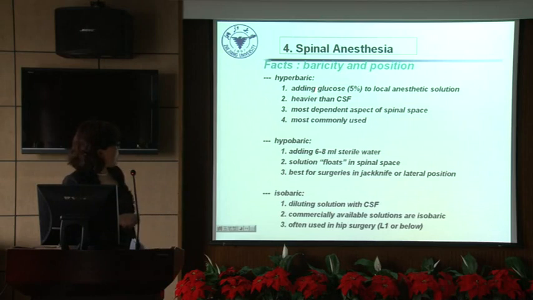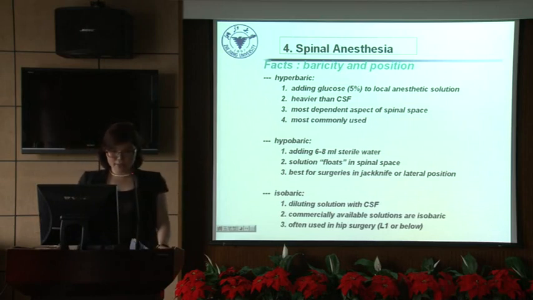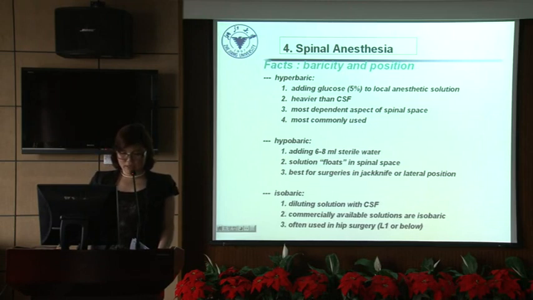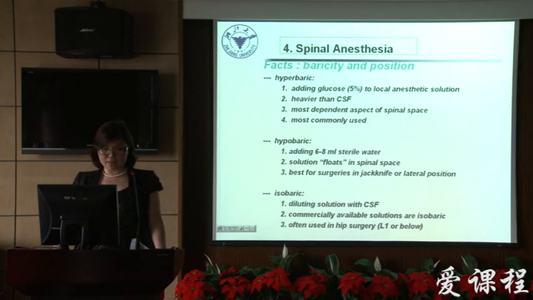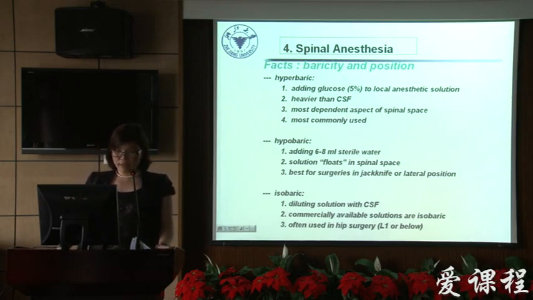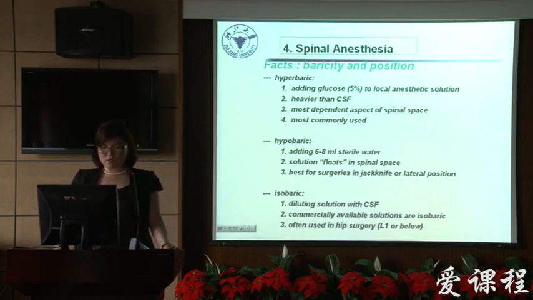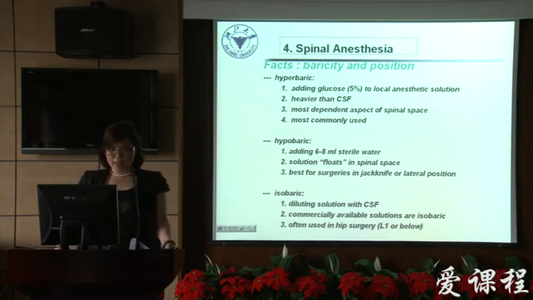For example, hyperbaric, adding glucose to the local anesthetic solution, is heavier than cerebrospinal fluid, and goes to the most dependent aspect of the spinal space. Most commonly we use the hyperbaric, right? For hyperbaric, we usually add 6 to 8 milliliters of sterile water, and the solution floats in the spinal space.